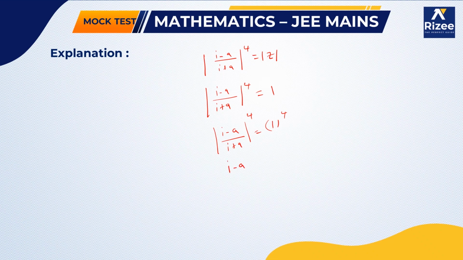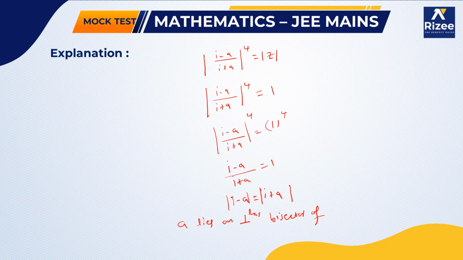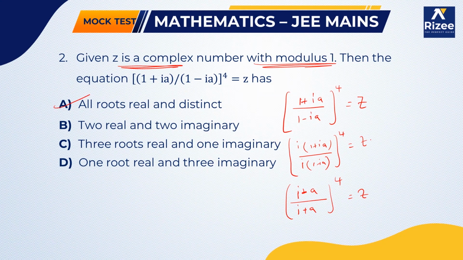Both sides 1, so modulus of (i minus a) is equal to modulus of (i plus a), which means a lies on the perpendicular bisector of i and minus i. So therefore the roots are real and distinct.